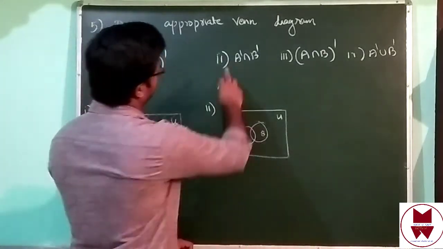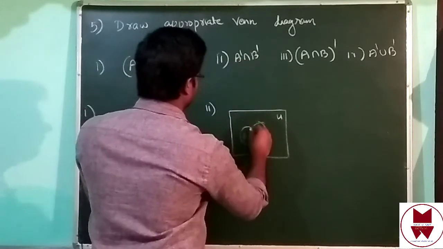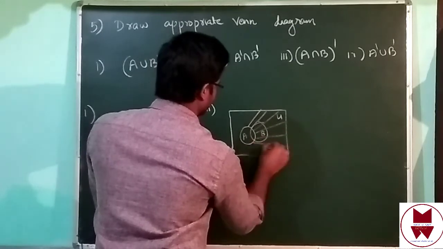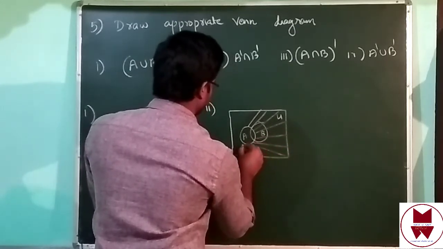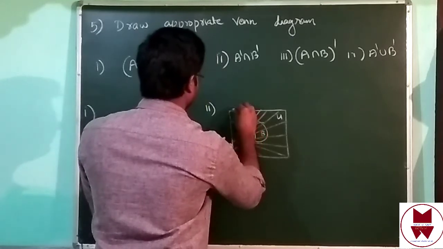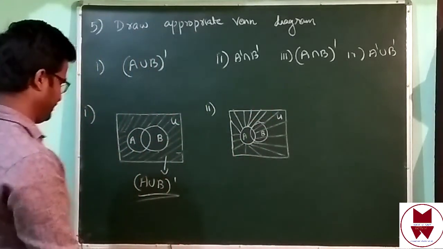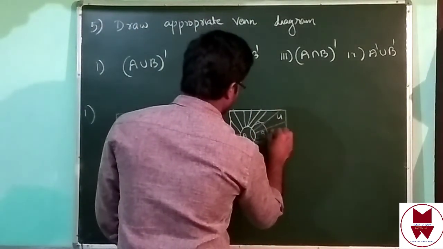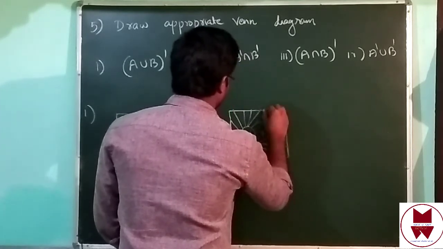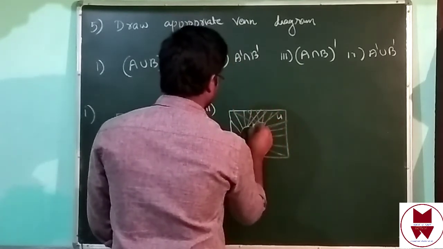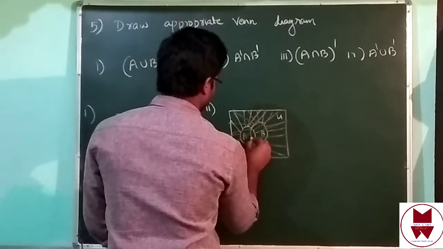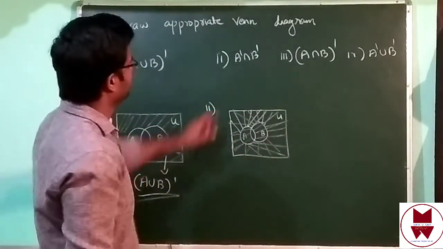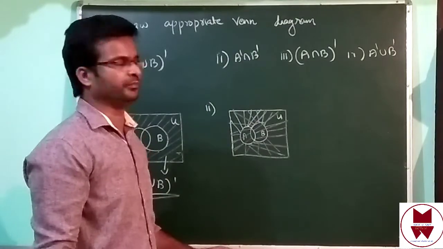If you consider A complement, you will get the outside region of A. Then if you consider B complement, it is the outside of set B. Then what is A complement intersection B complement?